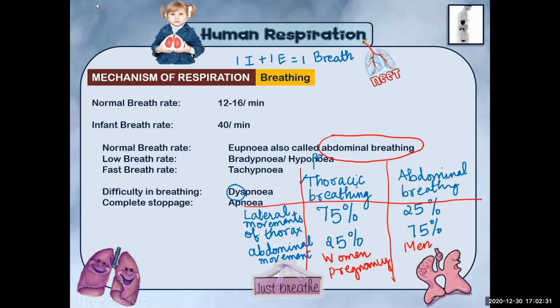Abdominal breathing is one in which we observe when a person is lying down, there are abdominal movements. Okay, more abdominal movements. Once you finish that, we can move on to the next.